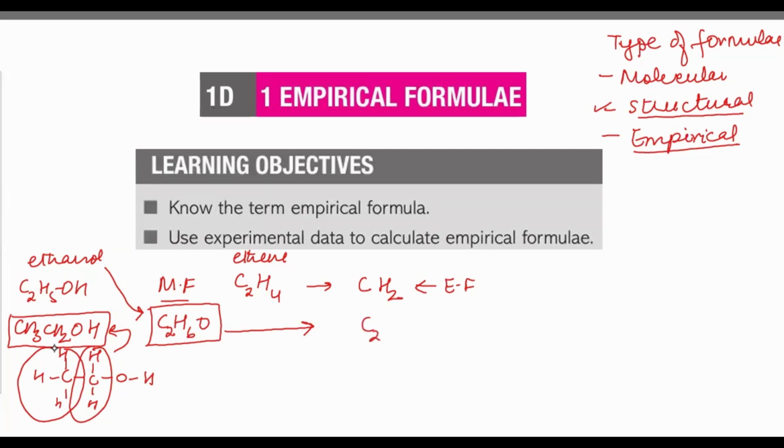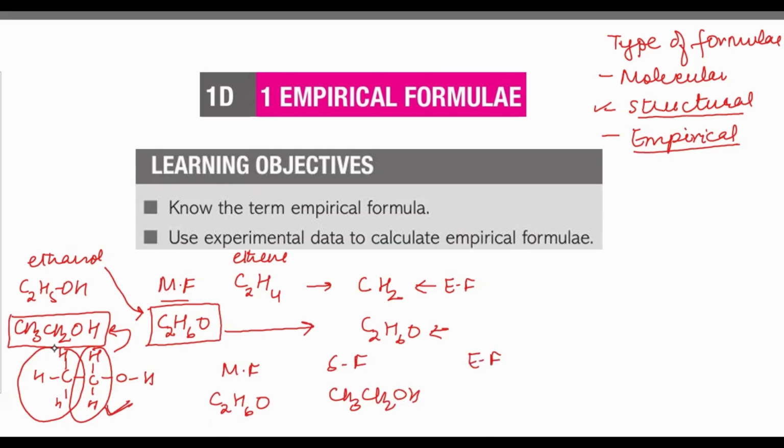The same will remain as the empirical formula for ethanol. So the molecular formula for ethanol is C2H6O. The structural formula can be CH3CH2OH, or we can have a complete displayed formula like this.